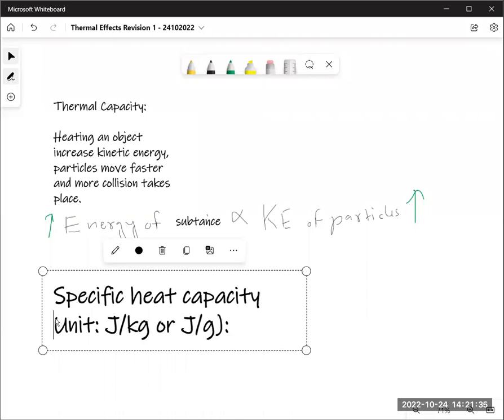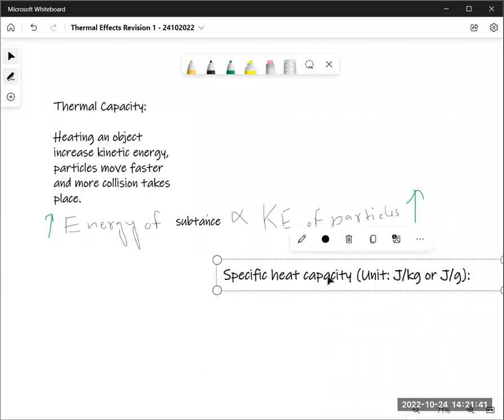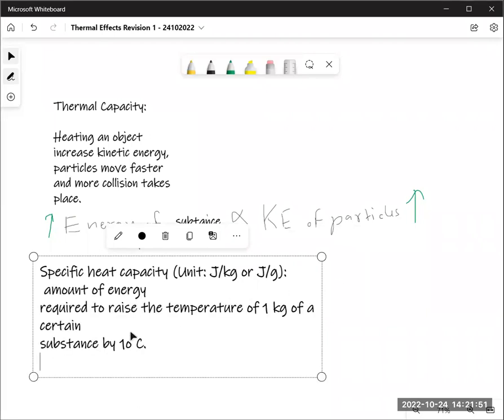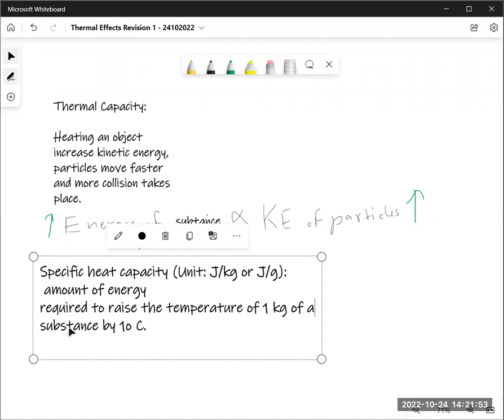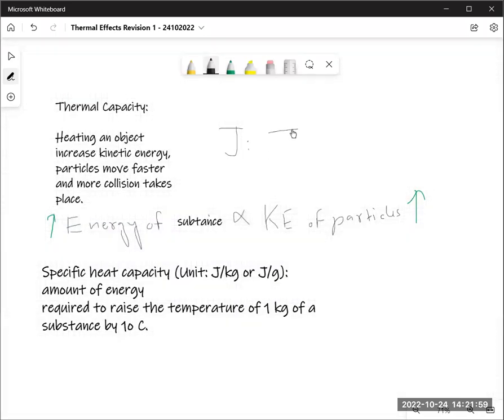We understand from the units itself what this means. It is the amount of energy. Write this down. What is J? J is joules, which is the unit of energy.